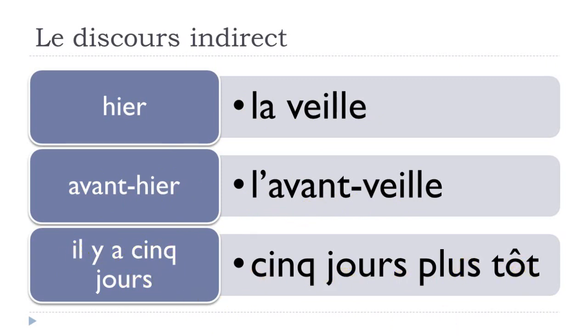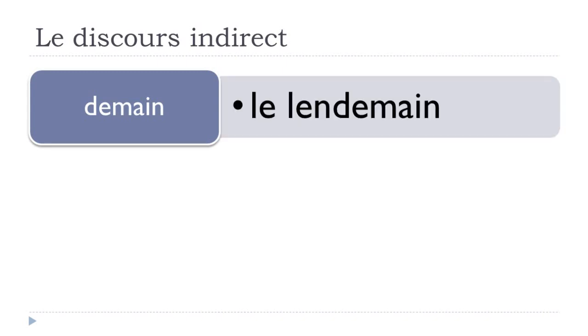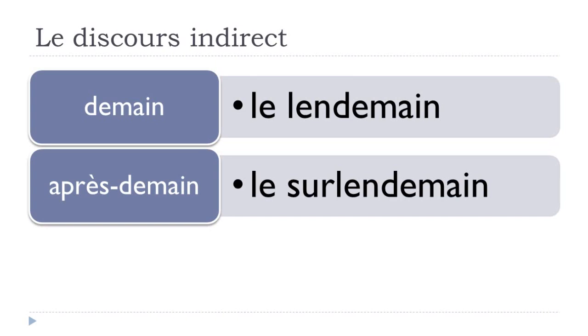5 jours plus tôt. Okay, and we can continue if you want with demain. Demain is tomorrow, and tomorrow will become le lendemain, the following day. Le lendemain. Après-demain, after tomorrow, and it will become le surlendemain. Okay?